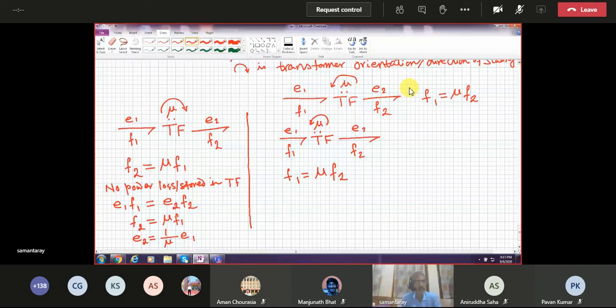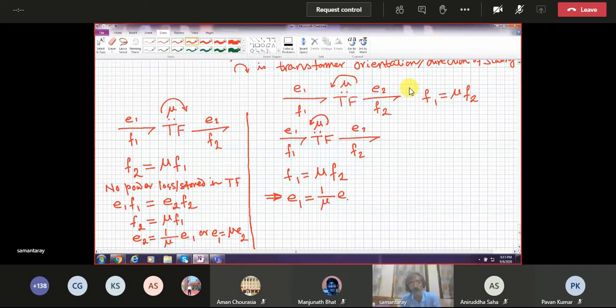Or we can write E1 is equal to mu E2. So this comes from power balance. Likewise, here from power balance, E1 must be equal to 1 by mu E2.